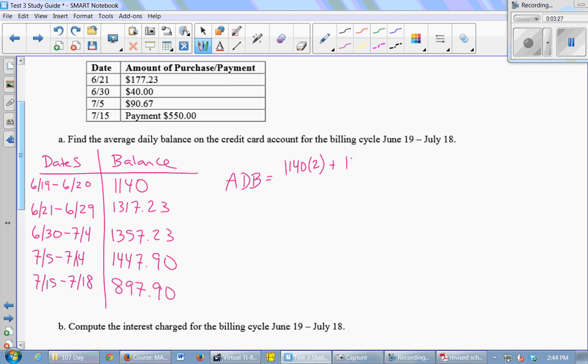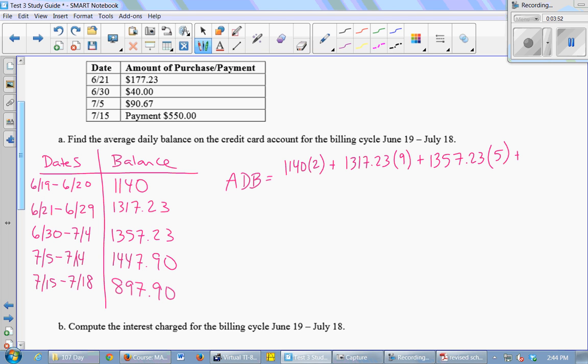And it was $1,317.23 for 9 days. And it was $1,357.23 from the 30th to the 4th, which is 5 days.